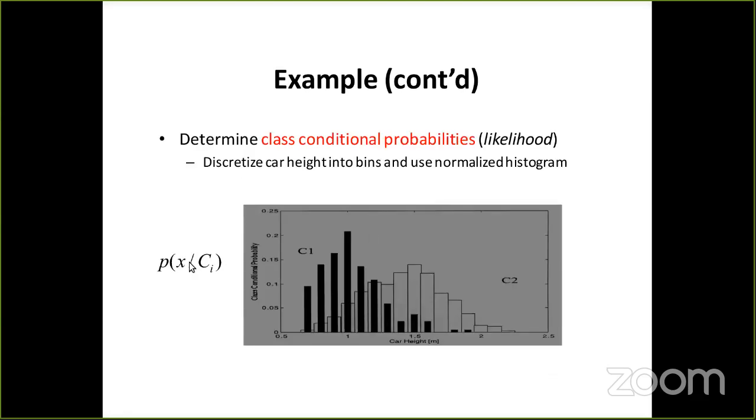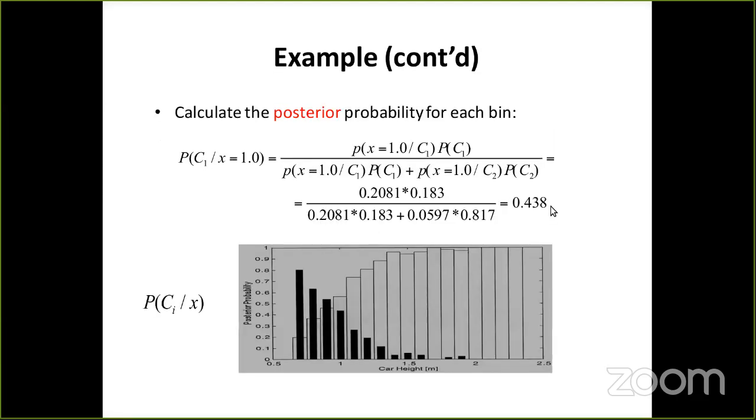So if we just looked at the likelihood, we would guess that it should be category 1. Why did Bayes rule say that category 1 has less than 0.5 probability? If category 1 has 0.438 probability, it means that category 2 has more than half of the probability.